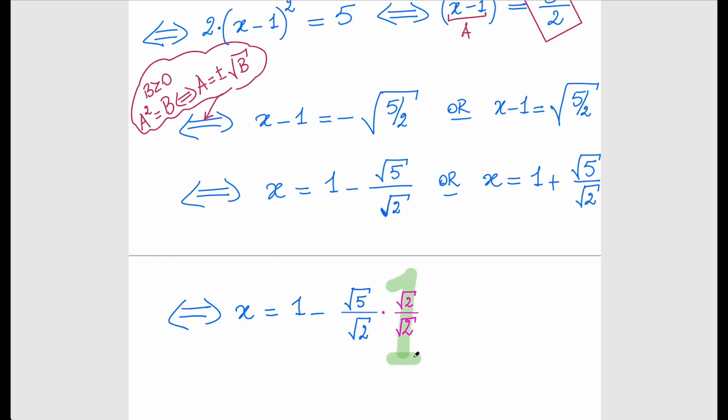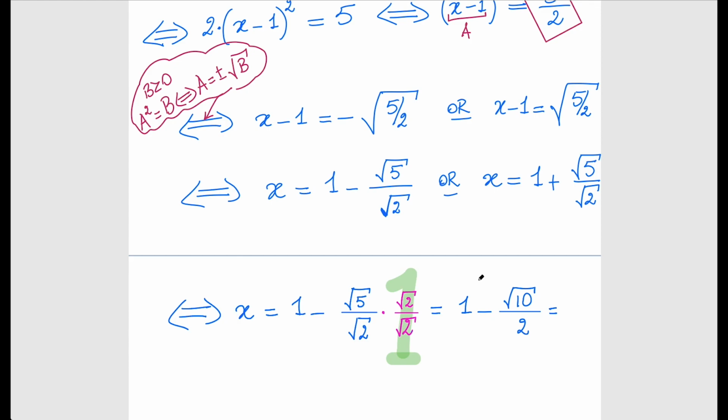So I'm multiplying technically this guy by 1, so I'm not doing anything wrong; this value remains the same. And this is 1 minus square root of 5 times square root of 2. If you multiply these numerators, this is square root of 10, right? Divided by square root of 2 times square root of 2, which is simply 2.